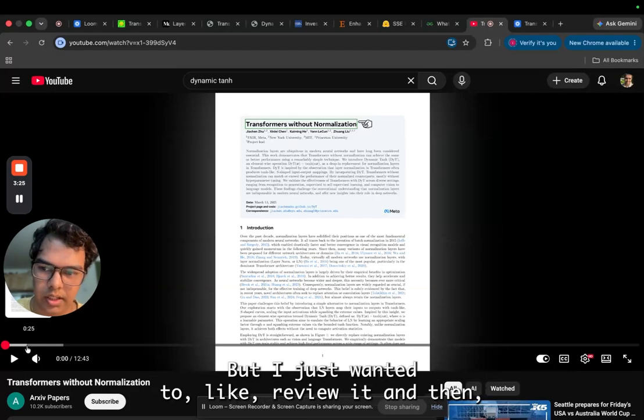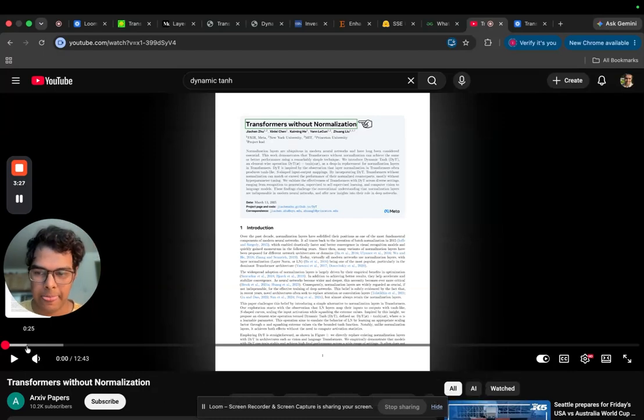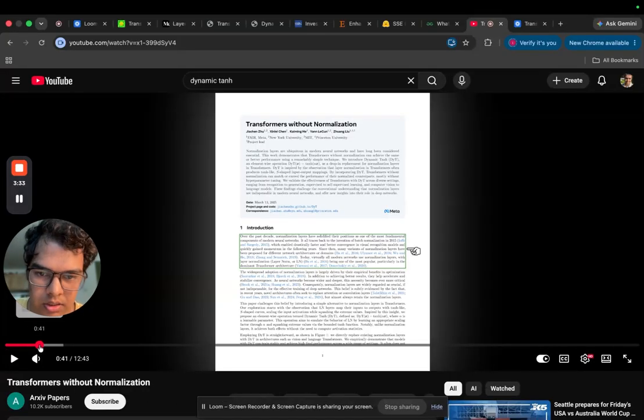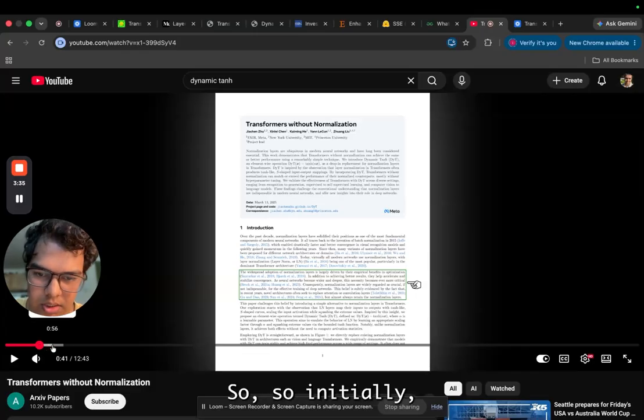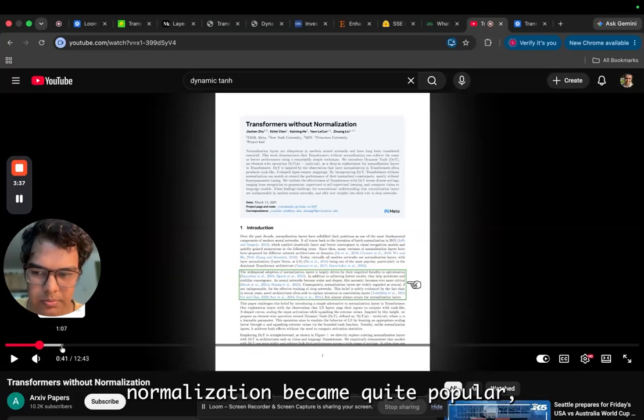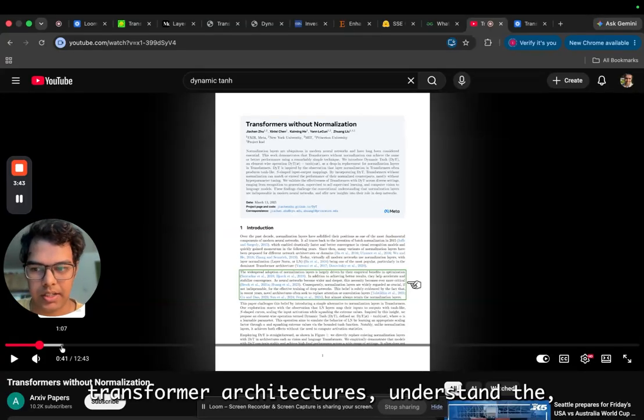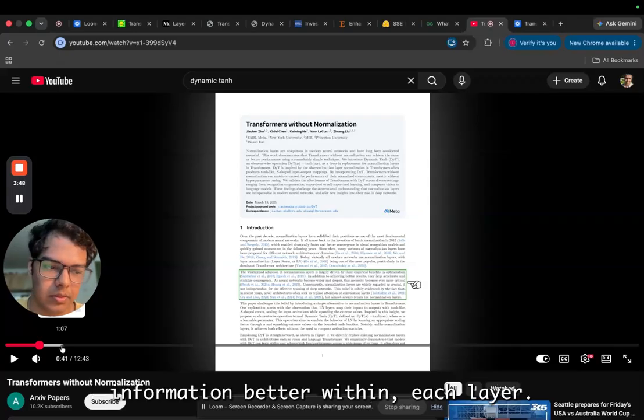But I just wanted to review it and help you understand it more easily. Initially, normalization became quite popular over the years to help transformer architectures understand the information better within each layer.